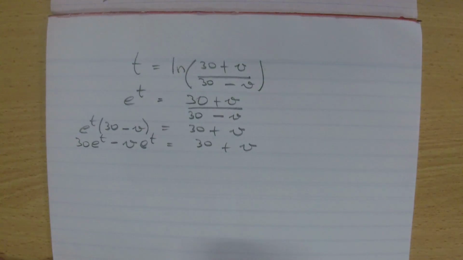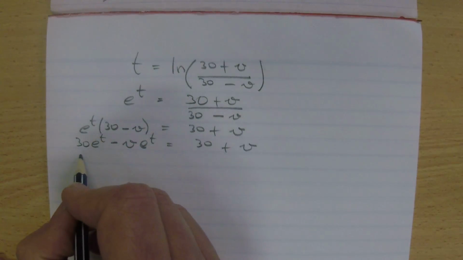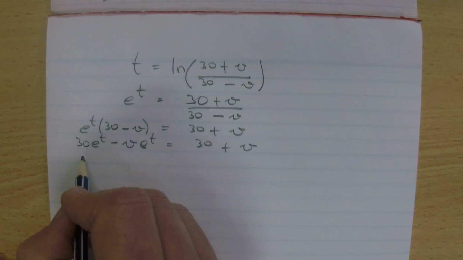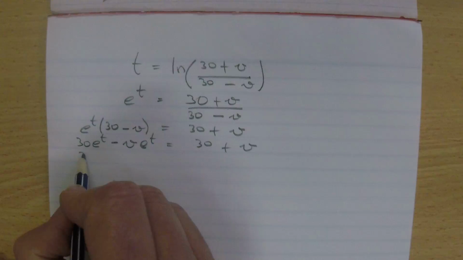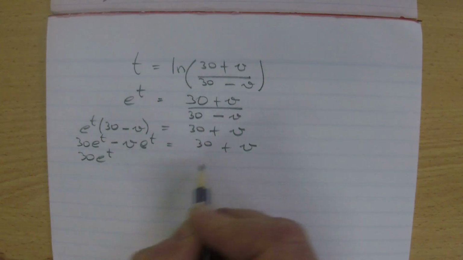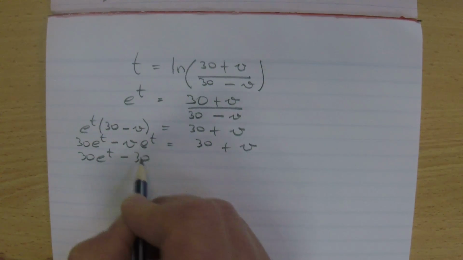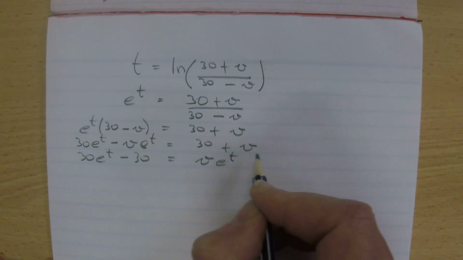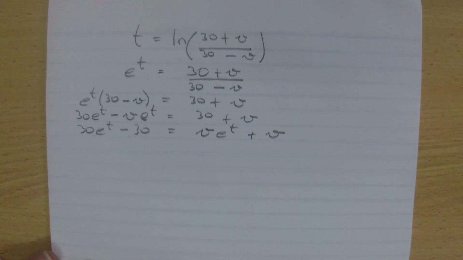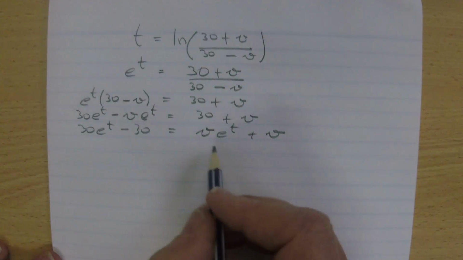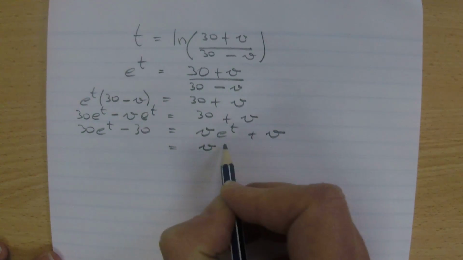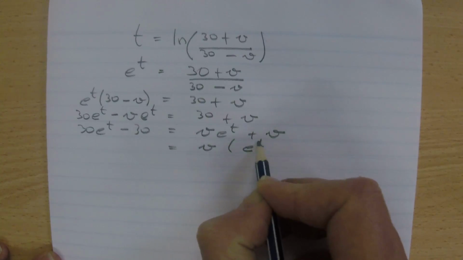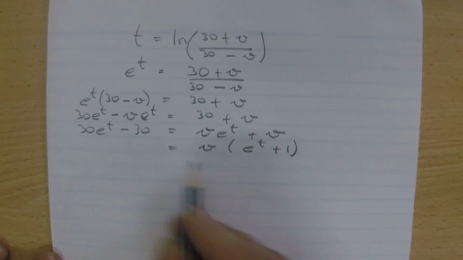Now I'll collect all the terms with v over here on the left-hand side. Actually, I might move v to the other side. I'll have 30 e to the power t, bring the constant of 30 over, move this term, v times e to the power t plus v, just avoids a few more negatives that way. So I now have v factored out of e to the t plus 1.